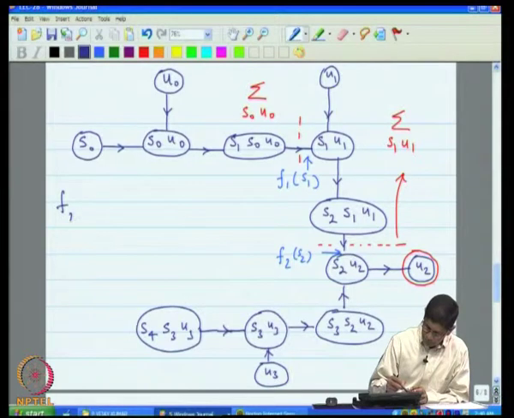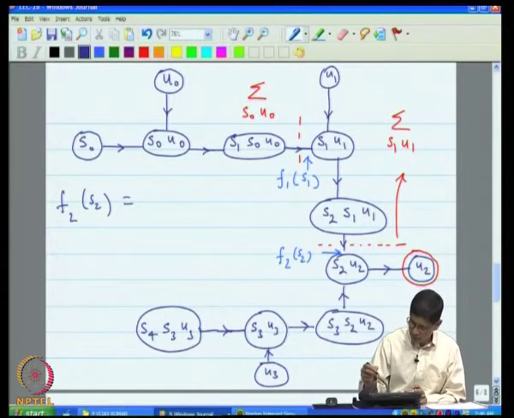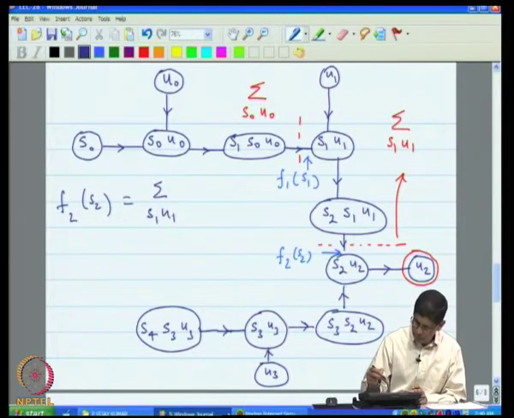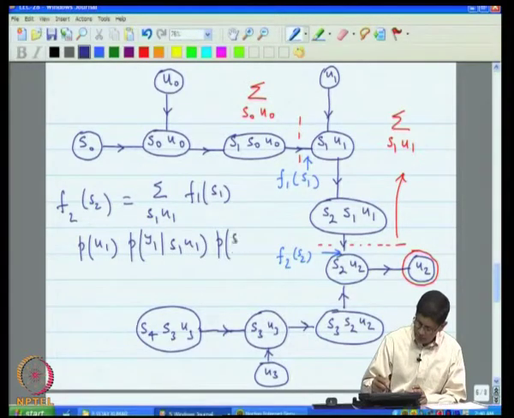F2 of S2 is the marginalization with respect to S1 U1 of, well, I have F1 S1, I have P of U1, I have P of Y1 given S1 U1, P of S2 given S1 U1.